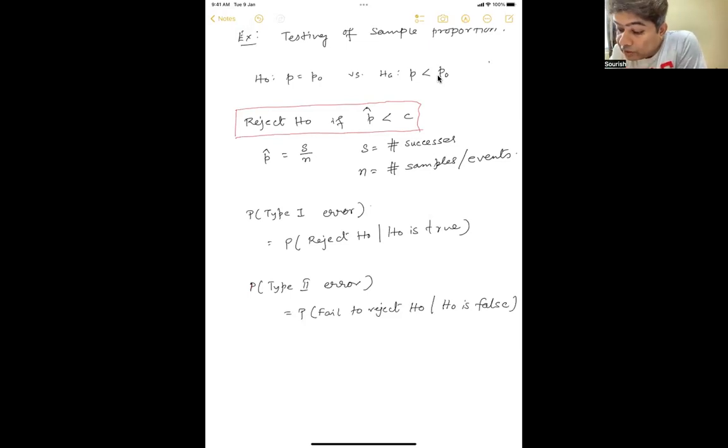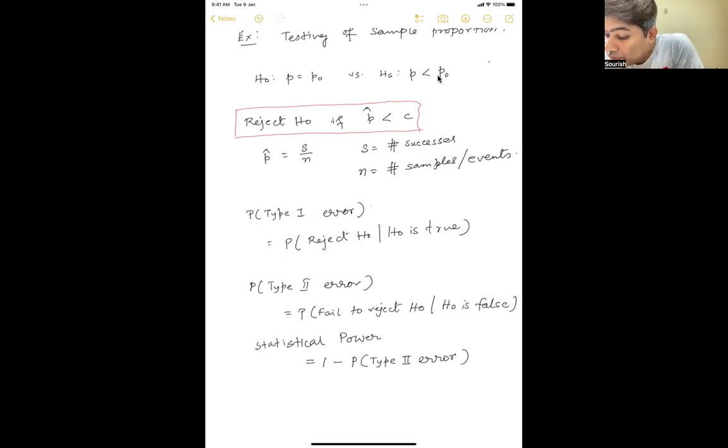One thing we have not discussed is called power, or statistical power. It's very simple. Essentially, statistical power is 1 minus the probability of type 2 error.